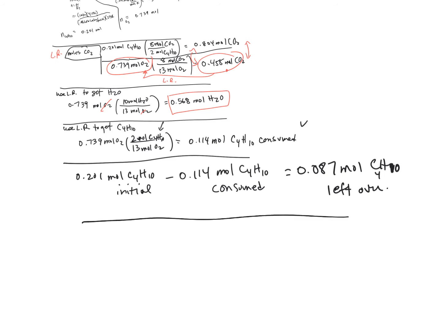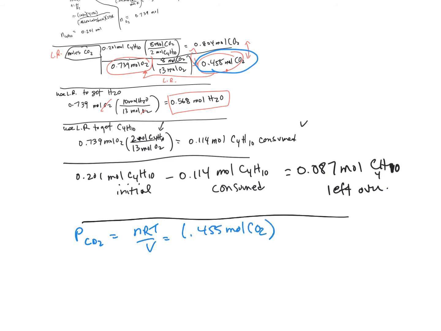We're going to get the partial pressure of CO2. So that is this amount right here, turned back into pressure. And you're using PV equals nRT, solve for P, so it's nRT over V. And then you have 0.455 moles of CO2.